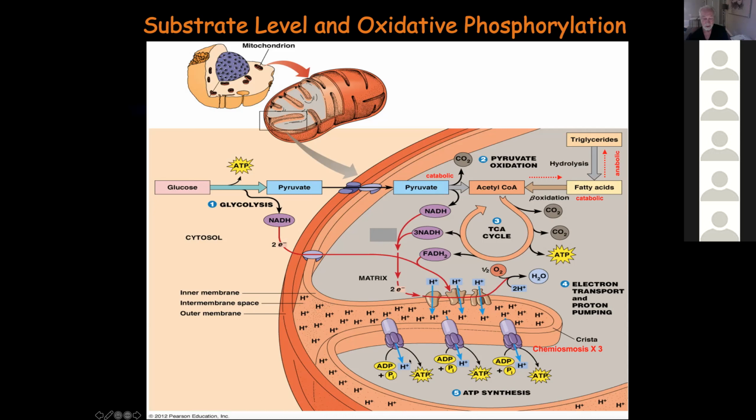You end up with ATP being generated along with carbon dioxide and water. So think about when you eat. If you just ate a handful of candy corn, what would go on in this picture? Candy corn is pure sugar.